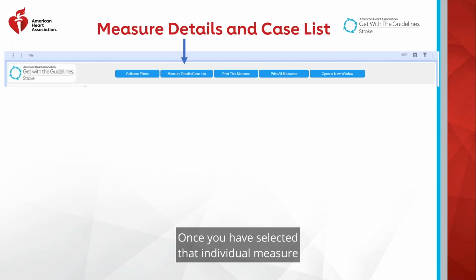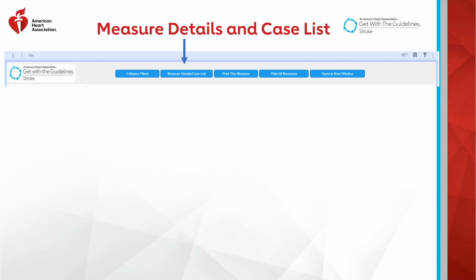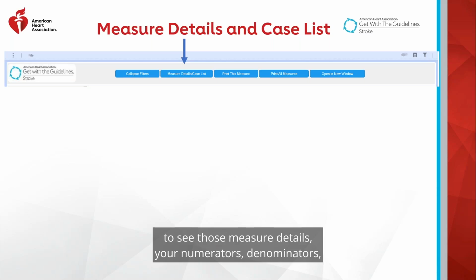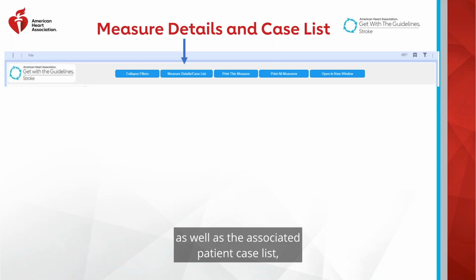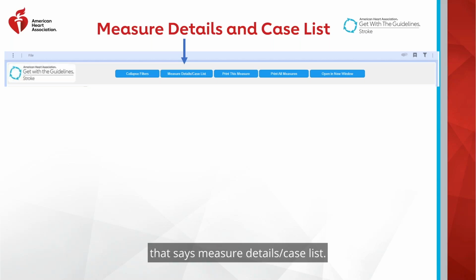Once you have selected that individual measure on the previous screen, or if you have selected to have similar measures all graphed together, to see those measure details, your numerators, denominators, total patients, etc., as well as the associated patient case list, you'll need to select this button at the top that says Measure Details / Case List.